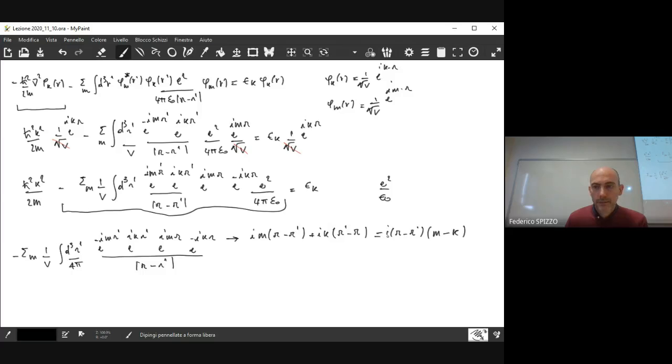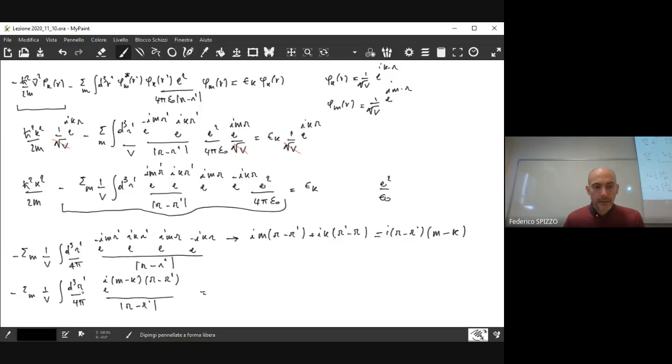So taking into consideration this simplification, we have minus sum over m of 1 divided by the volume, then d3 r prime divided by 4 pi, then e to the I m minus k, r minus r prime, divided by r minus r prime.